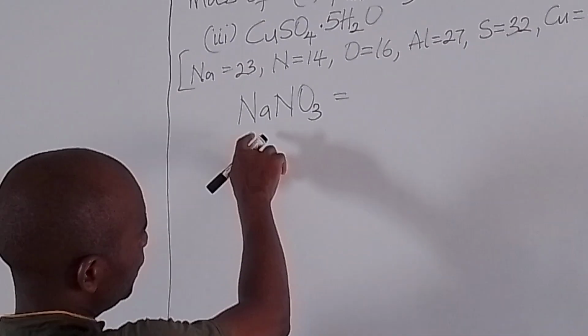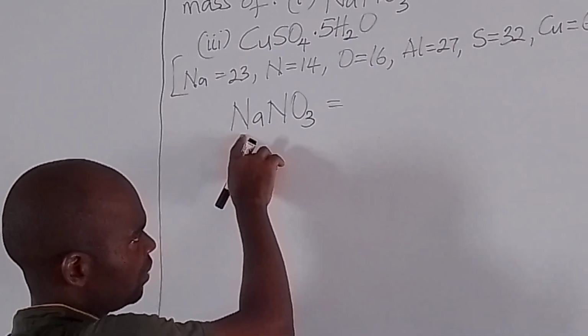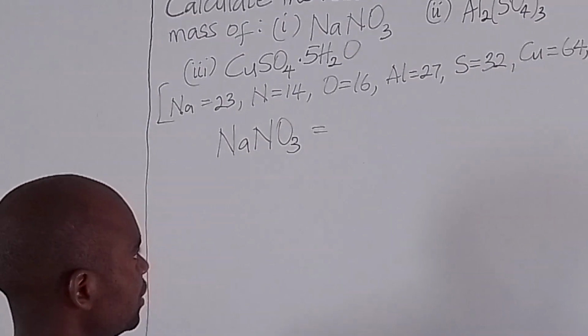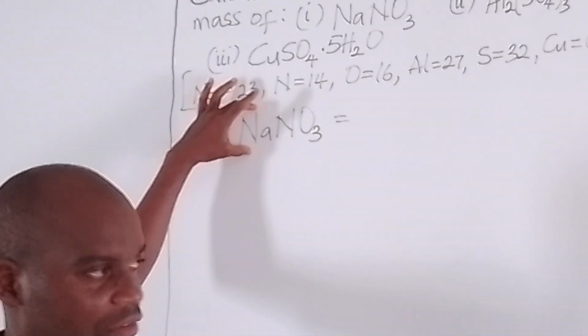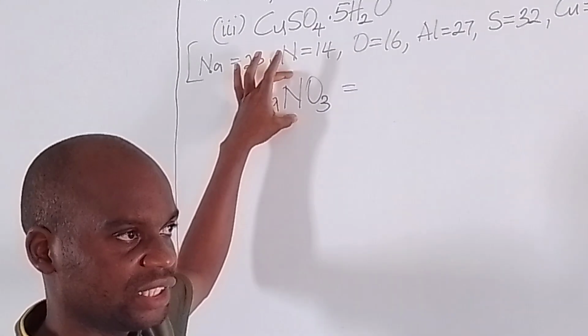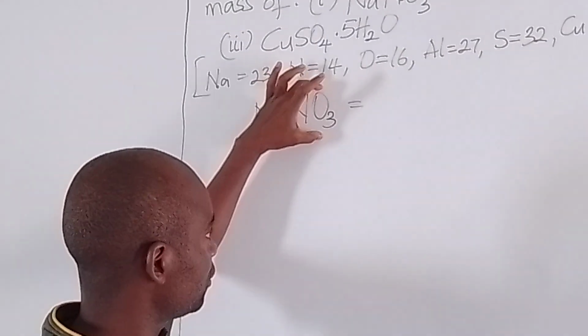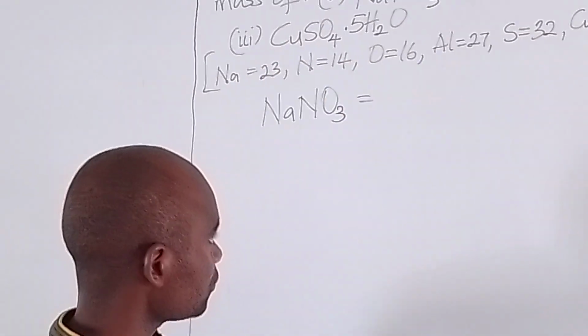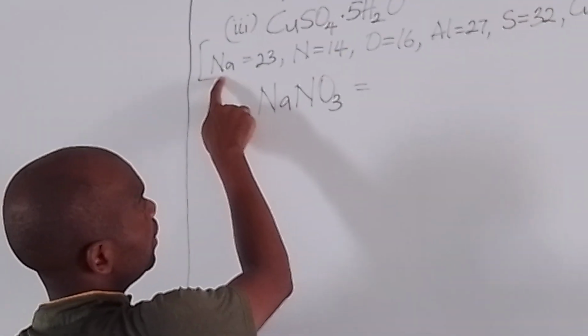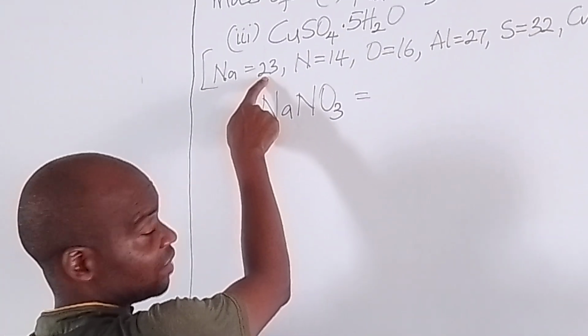So to calculate the relative molecular mass of sodium trioxonitrate 5, the first thing you should understand is this compound contains 1 atom of sodium, 1 atom of nitrogen, and then 3 atoms of oxygen. Okay, so the mass number of sodium is given as 23.